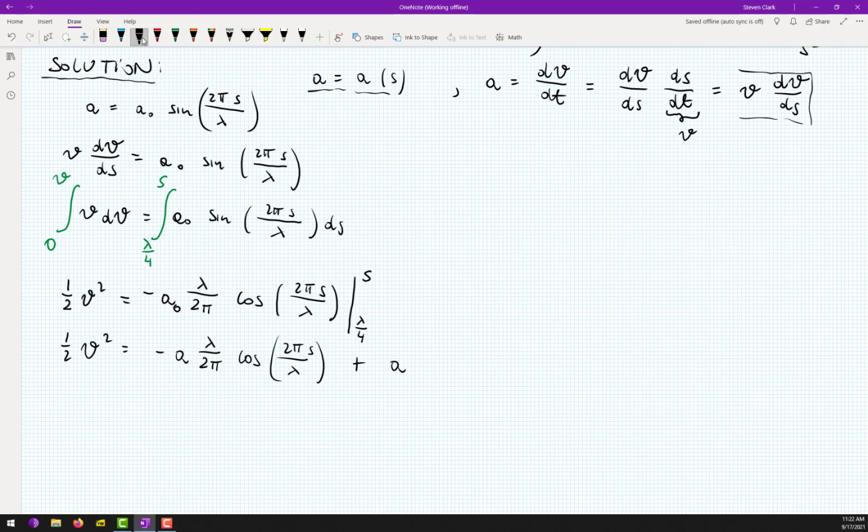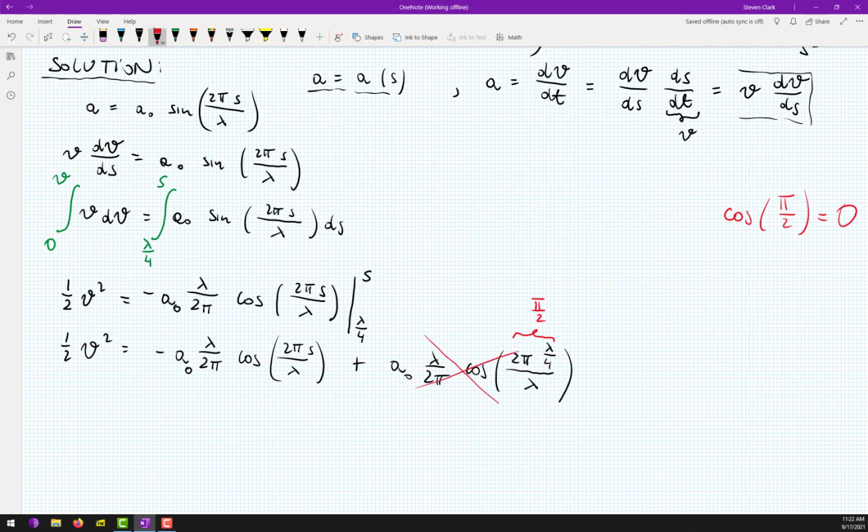A0 here, I forgot about that. I believe this argument is pi over 2, and cosine of pi over 2 is 0, so we can get rid of this.